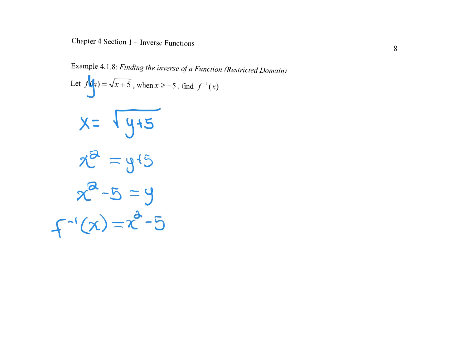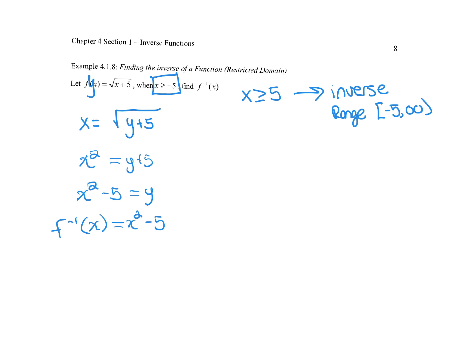Now there's one little trick. This right here, because on the original, x had to be greater than or equal to negative 5, on the inverse, that means that the range is only going to be from 0 to infinity.